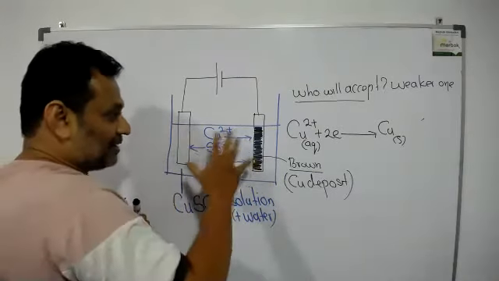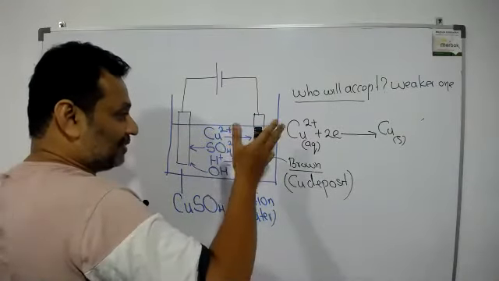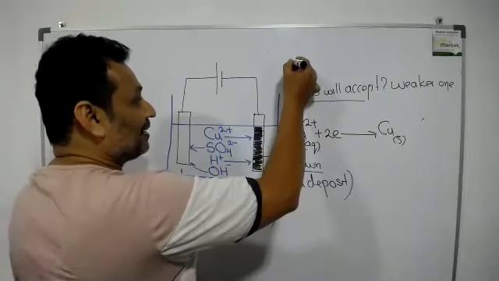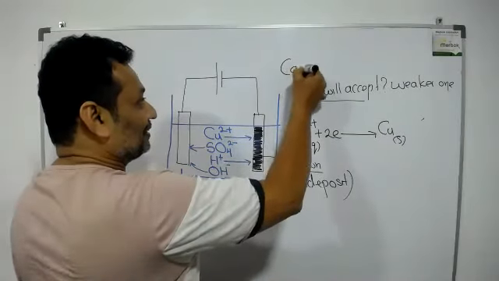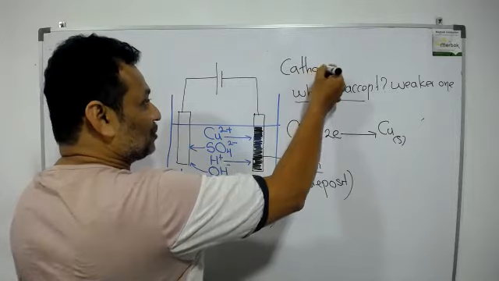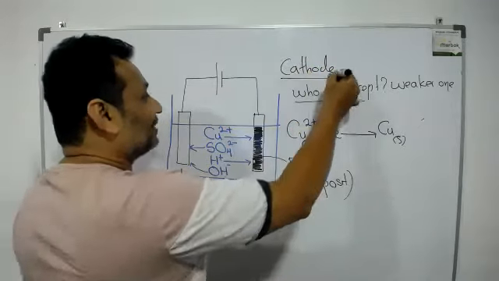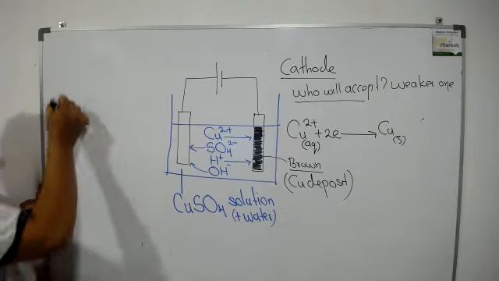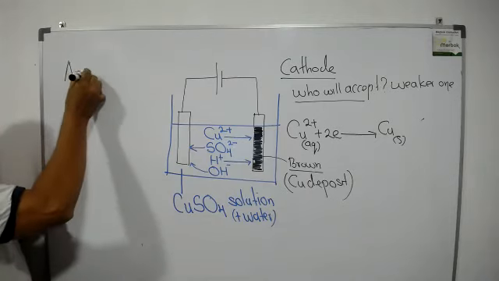So, the story on the right side: really this is the cathode, because electrons are accepted, it is the cathode. Let's come to the story of the anode.